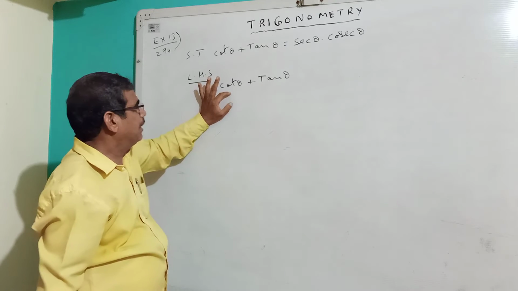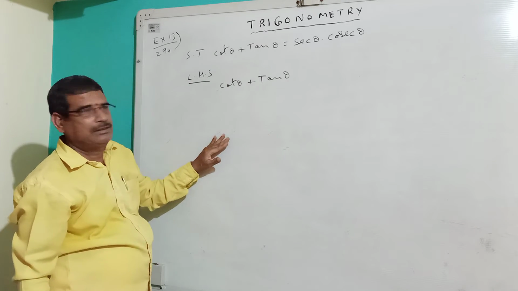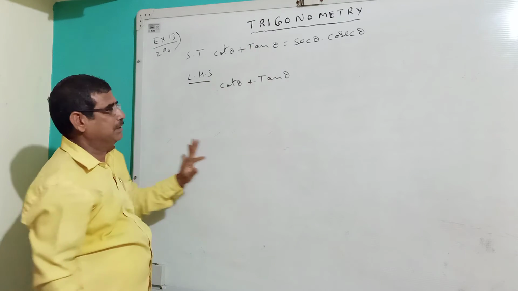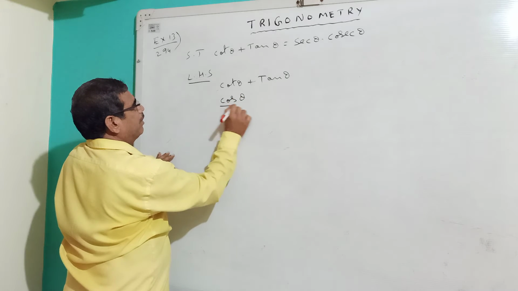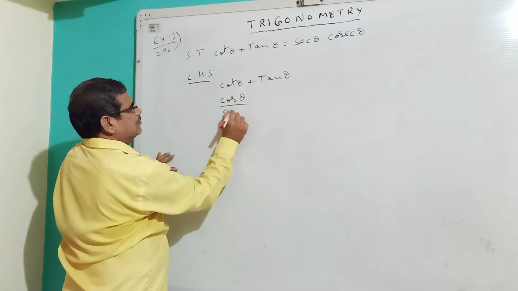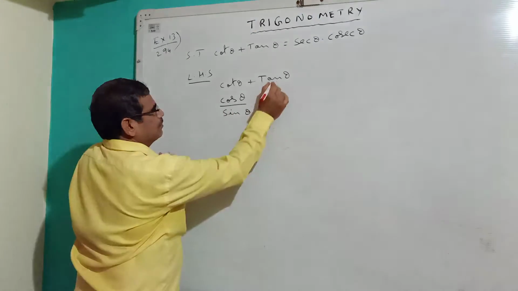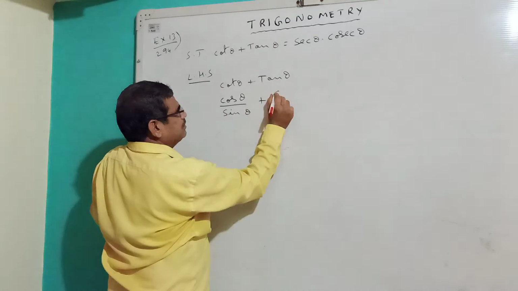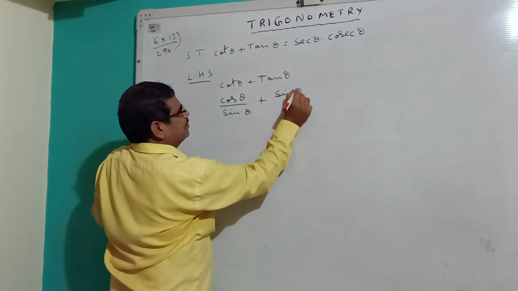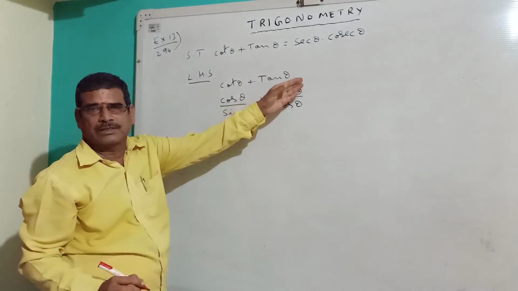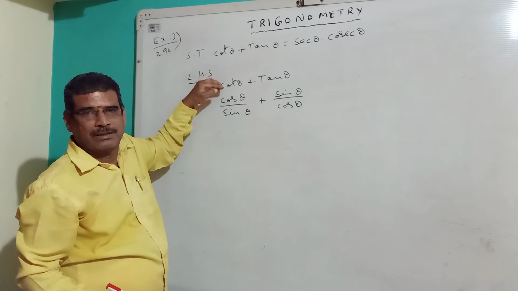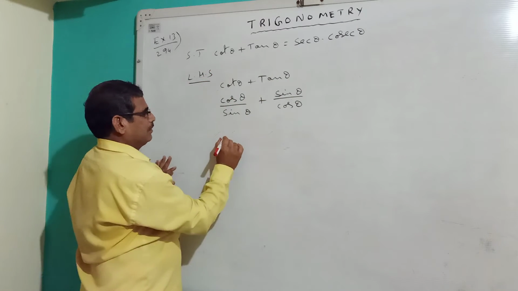So, instead of cot theta, I am writing cos theta by sin theta. Here also, tan theta means sin theta by cos theta. So, cos theta by sin theta plus sin theta by cos theta.